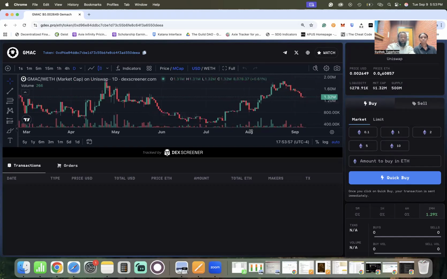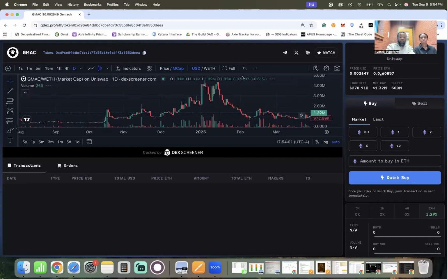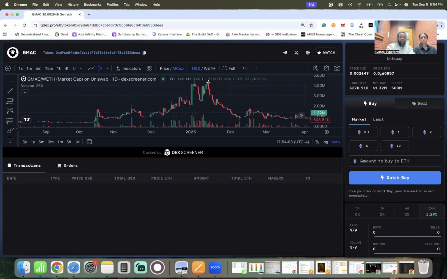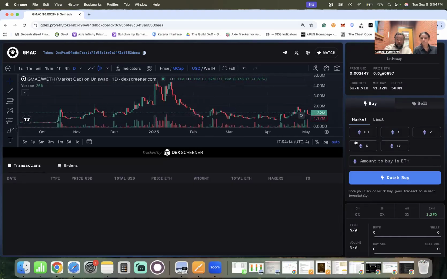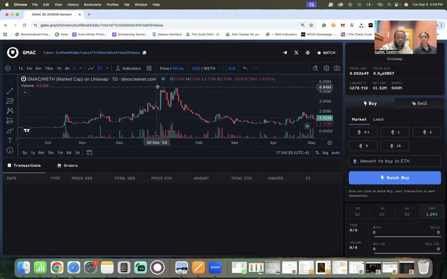If I zoom out, when we hit that peak, 4.2 million. Let me see if I can screen. So the absolute tippy top for Gemach, 4.5 mil, right?